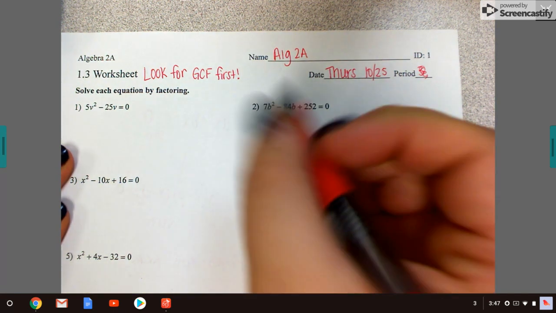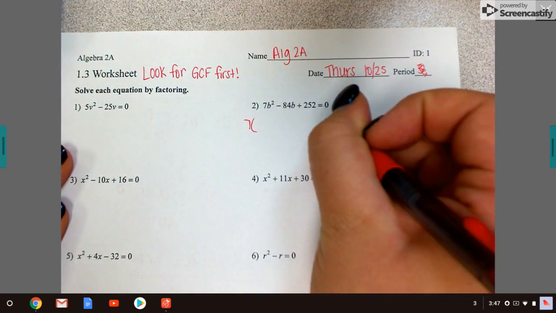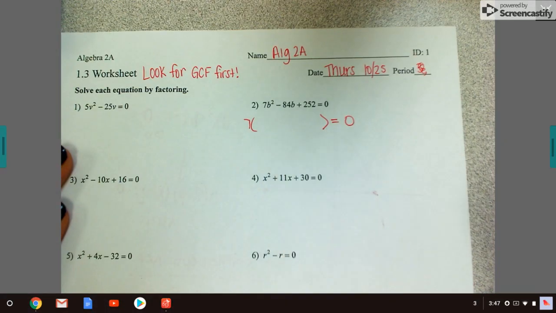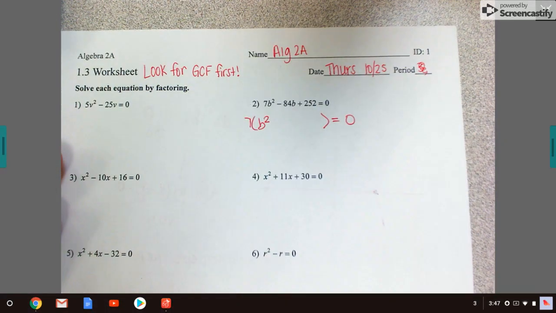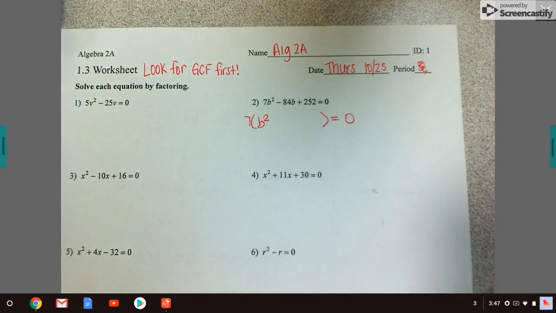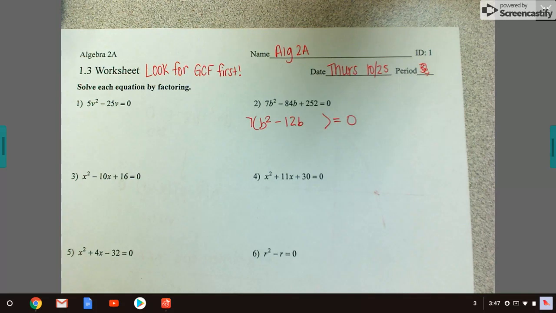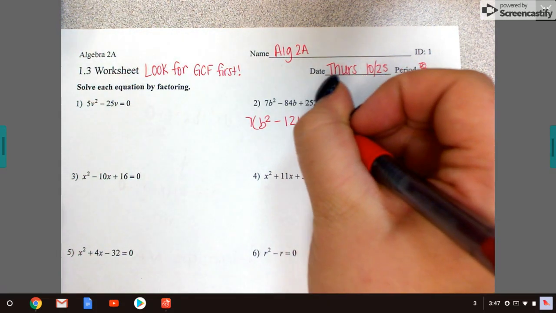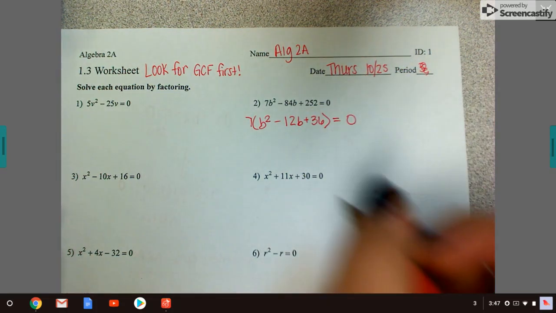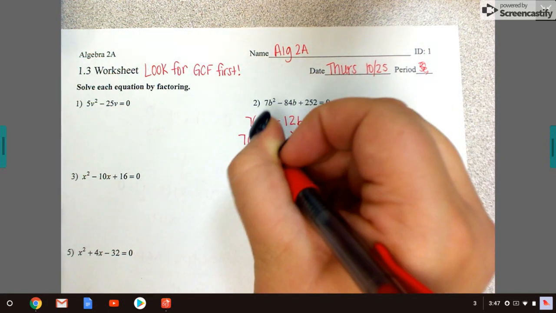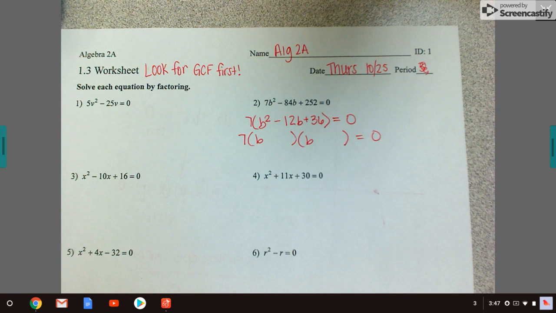I told you a is 1, and I'm going to make it so a is 1. So factor a 7 out. If I take 7b squared divided by 7, I'm just left with b squared. 84 divided by 7 is 12, so negative 12b. And 252 divided by 7 is 36. So now this is something that you can factor, and I'll leave you to finish that one from there.